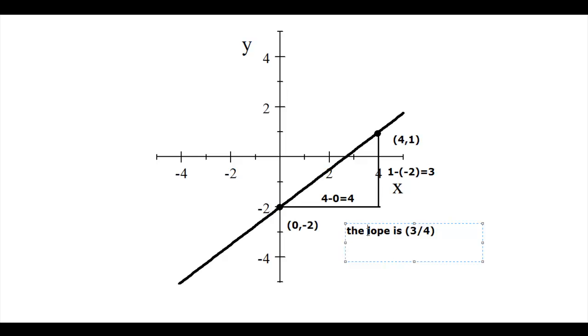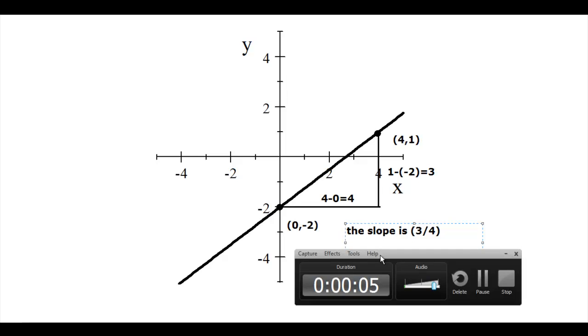Let me first fix this portion. I meant the slope is 3 over 4. So let's see how we can calculate the slope of any given line on which we can measure the coordinates.